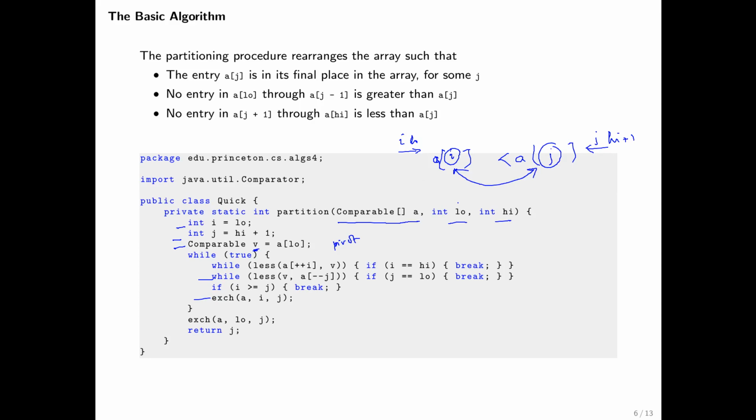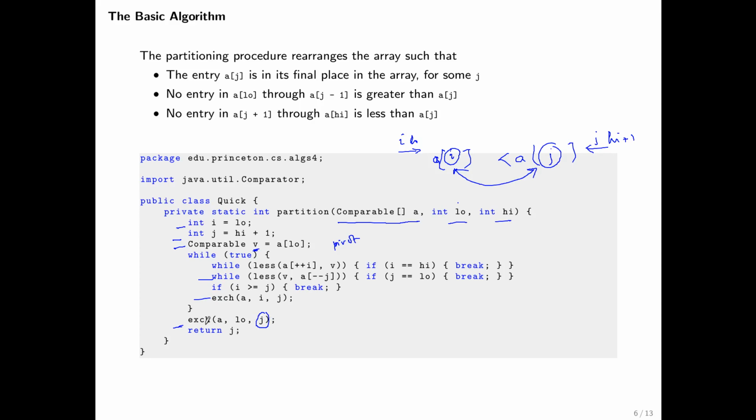And then once we get here, all that we need to do is exchange the values at low and j in the array A. When we get here, j is basically where the pivot needs to be. That's the final resting place for the pivot.